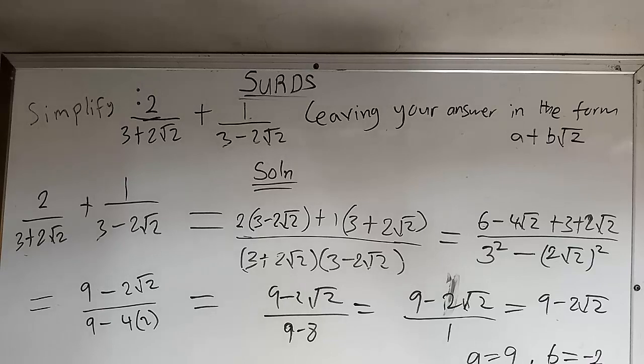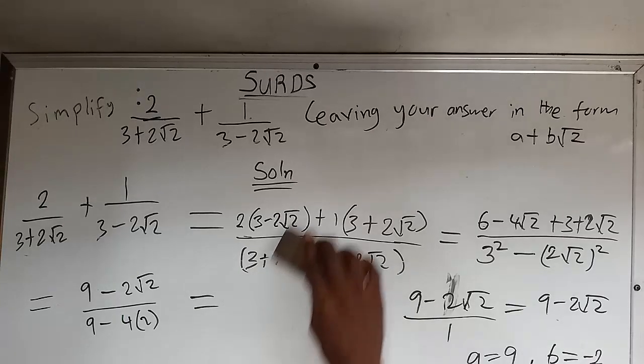So we are able to simplify that as required. Notice that after collecting the LCM, the surd has vanished from the denominator.